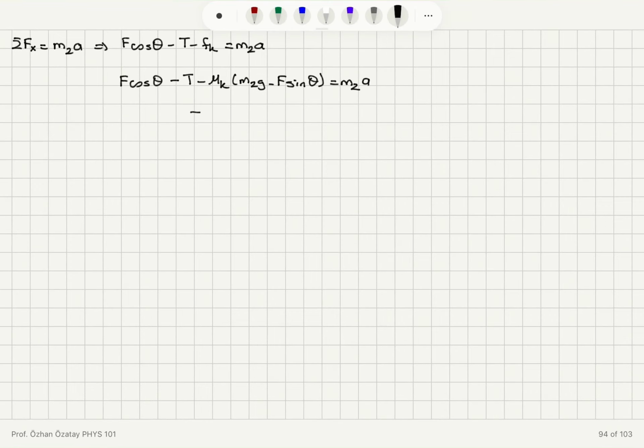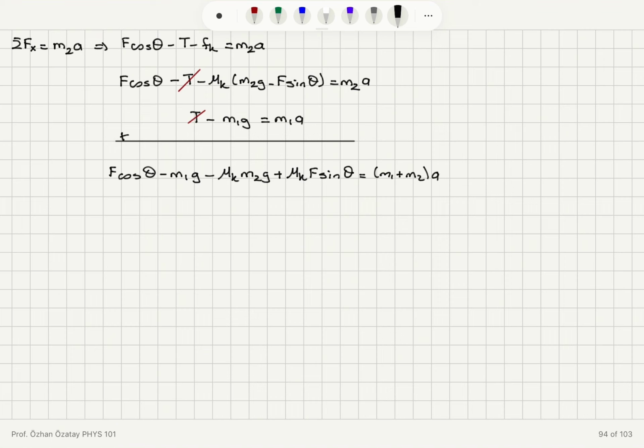So when I add these two equations, the T's will cancel, and I will find F cosine theta minus m1g minus mu k m2g plus mu k F sine theta equal to (m1 plus m2) a.